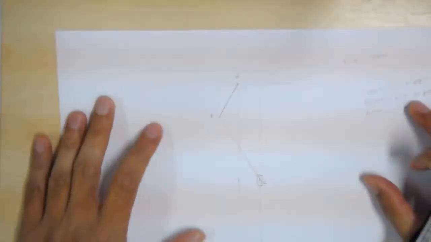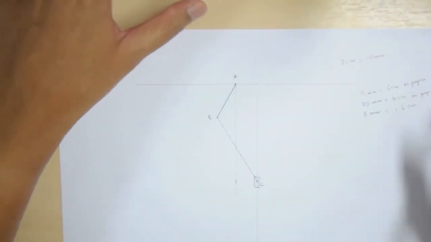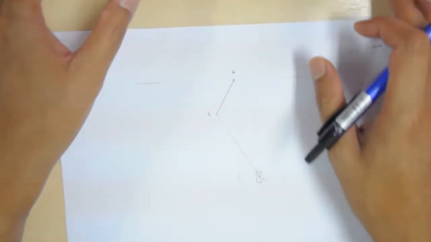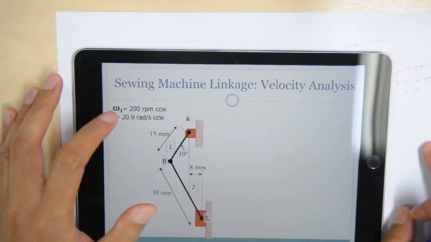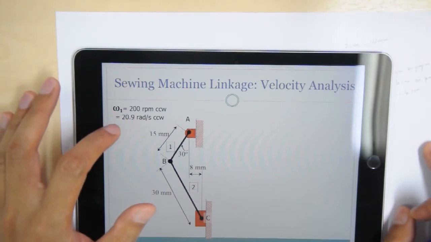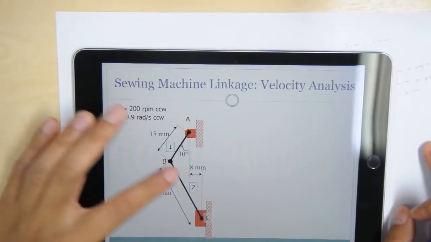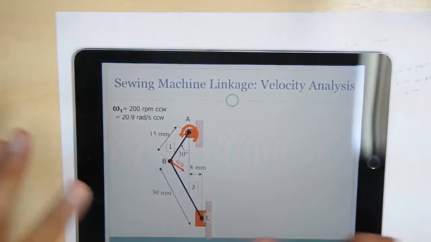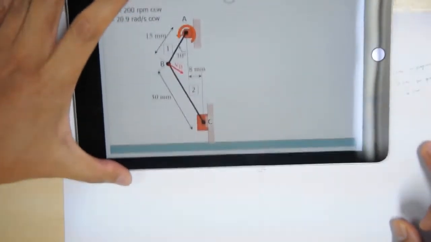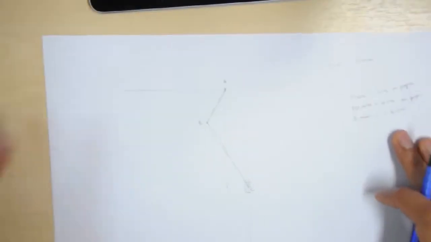Okay. Right. Now we have been given the angular velocity, the rotational speed, which is omega 1 equals 200 rpm. So therefore the angular velocity should be 20.9 radian per second counterclockwise. Okay, maybe in that direction. So VB now will be perpendicular to link AB or link 1.